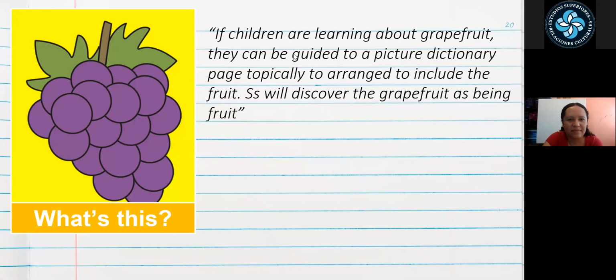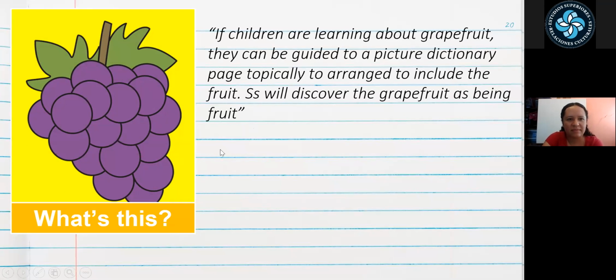So another thing is that, for example, here in the theory, it says, if children are learning about grapefruit, they can be guided to a picture dictionary page, topically arranged to include the fruit. The students will discover the grapefruit as being a fruit. For example, in some books, we have activities like this, like, what is this? And students need to write down the correct answer.